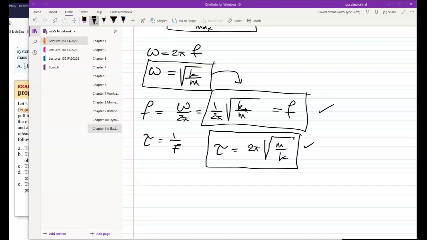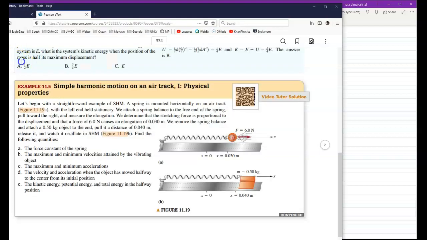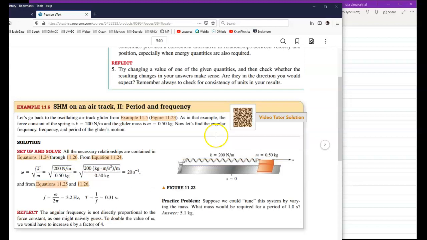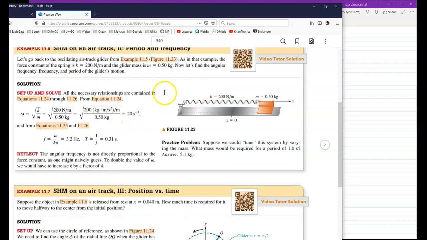All right, so let's go to an example. This stuff is not hard, except it just has a lot of formulas. Let me do example 11.6, on page 340. It says, let's go back to the oscillating air track glider, I believe the one we just did.